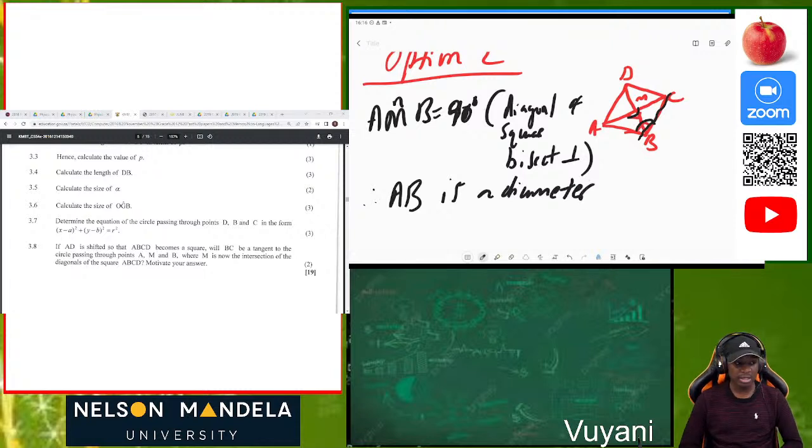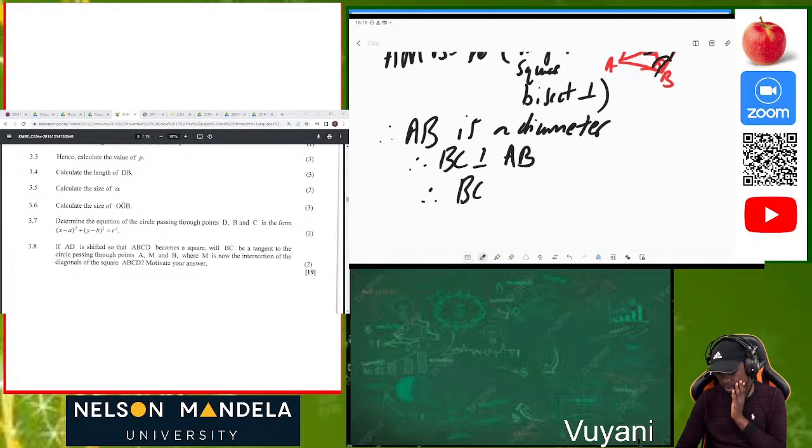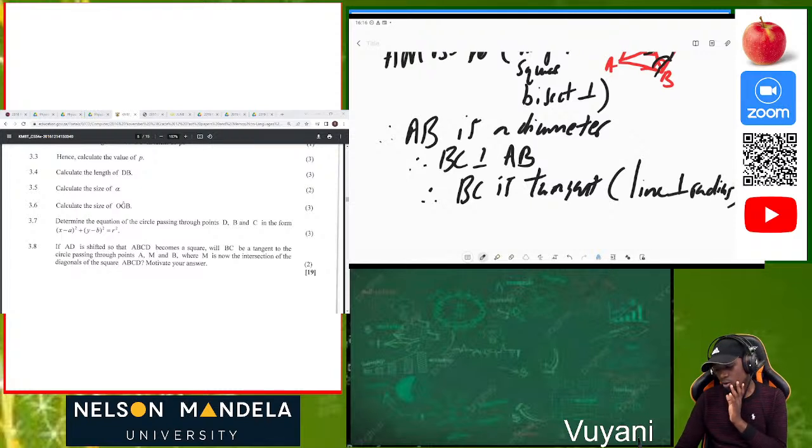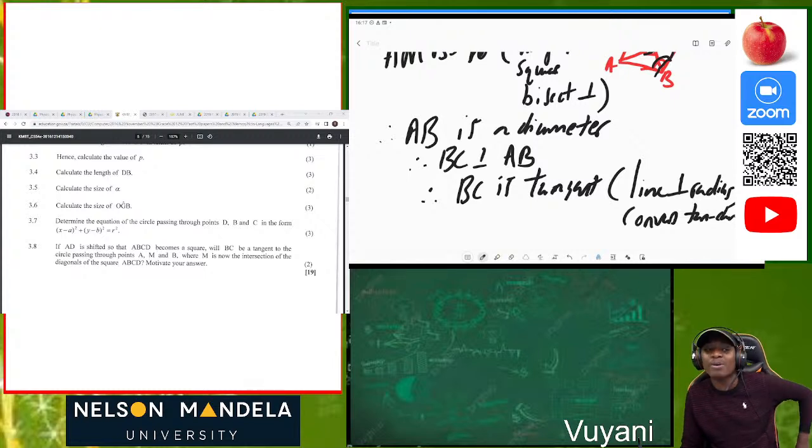So therefore we can see that BC is perpendicular to line AB. Then now we can conclude that BC is a tangent. Why is BC a tangent? Because it is a line perpendicular to the radius. Or you can say converse tan chord. When you are proving something, you don't say tan chord theorem as a reason, you say converse. If you are proving that the line from the center to the circumference bisects or is perpendicular, you cannot use that. You must say converse of that specific theorem.